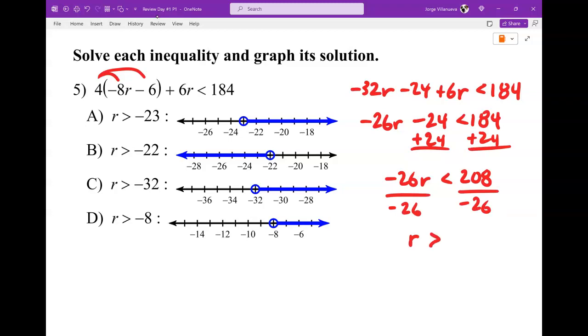So r is greater than, I don't know, how many times does 26 go into 208? You'd have a calculator. Does anybody know? You said -8? Okay, thank you. So there we go. So then I'm going to look for this answer right here. It's D. So there's your answer.